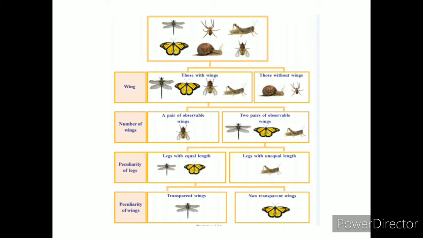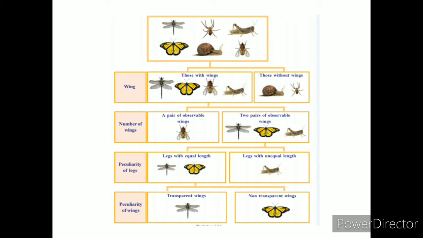Here the organisms are classified first on the basis of the presence of wings. Wing is the indicator, and it has two possible selections: those with wings and those without wings. For the number of wings there are also two possibilities: a pair of observable wings and two pairs of observable wings. Coming to the peculiarity of legs, there are also two possibilities.